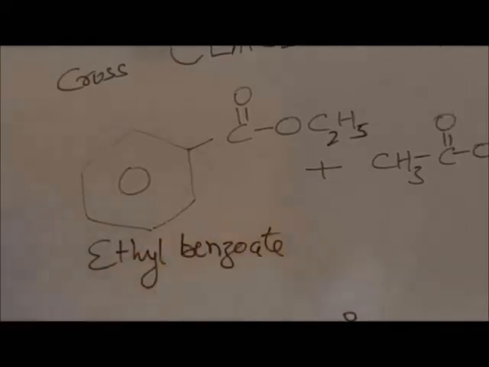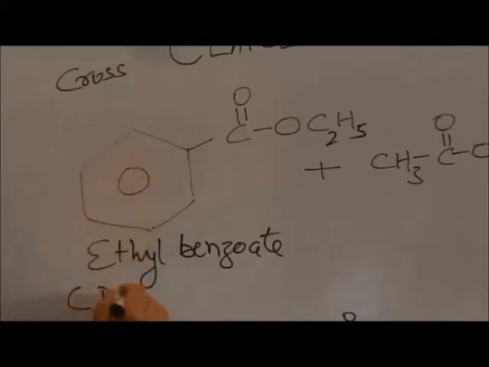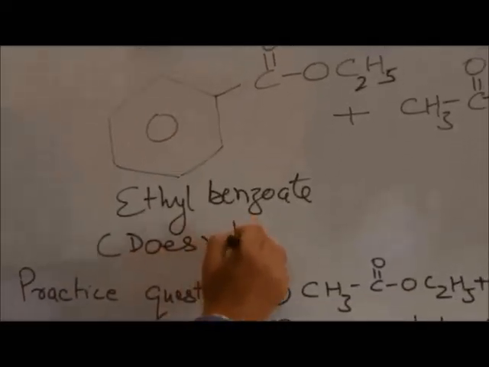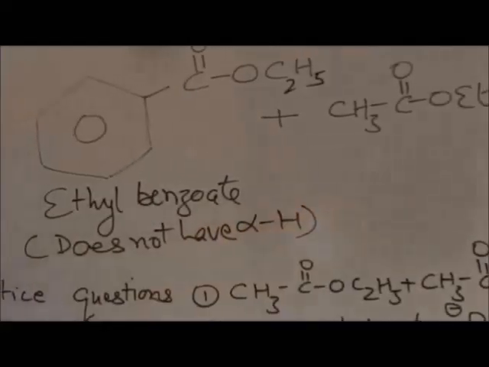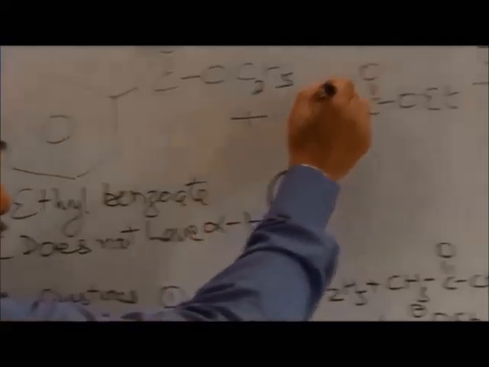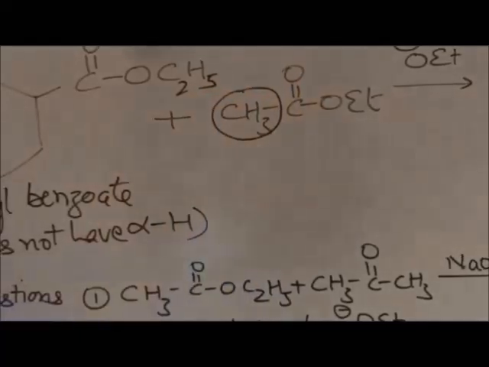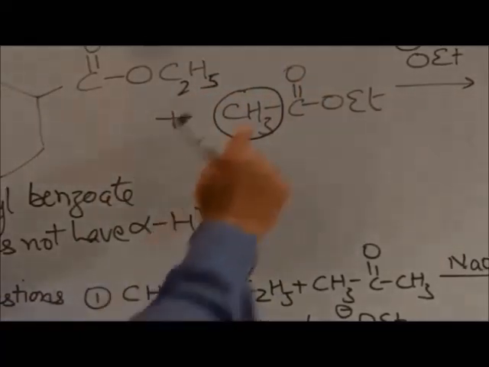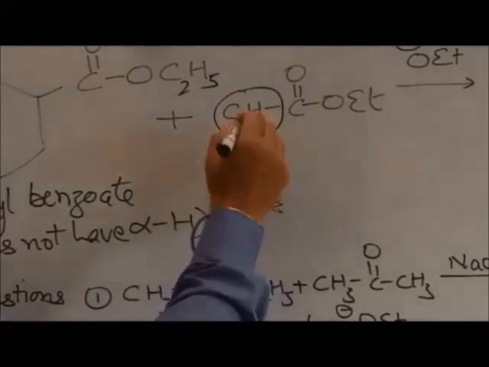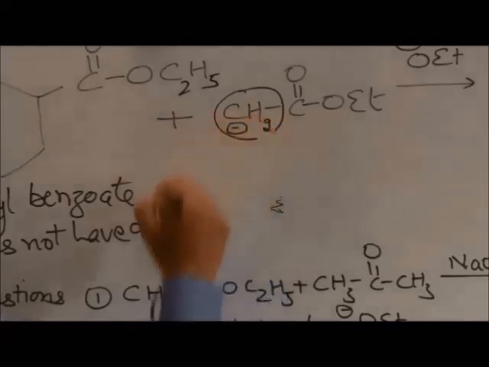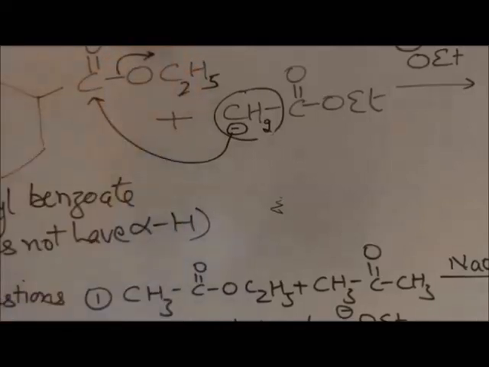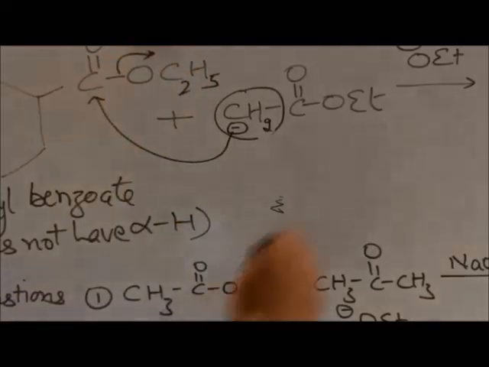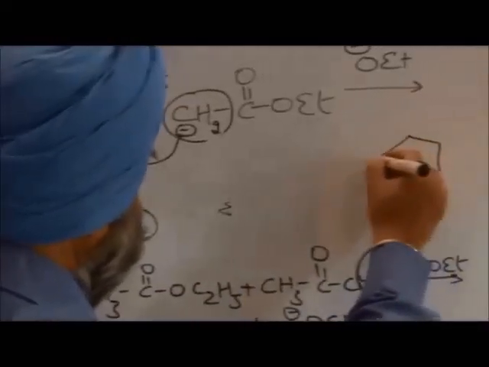What is so particular about it? It is interesting that it does not have alpha hydrogens. So where are the alpha hydrogens? It is only here. You can see that the nucleophile generated in the reaction will be from this, and it will attack this, and subsequent elimination of ethoxide ion will give us this compound.